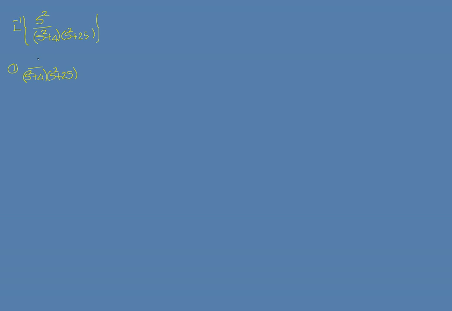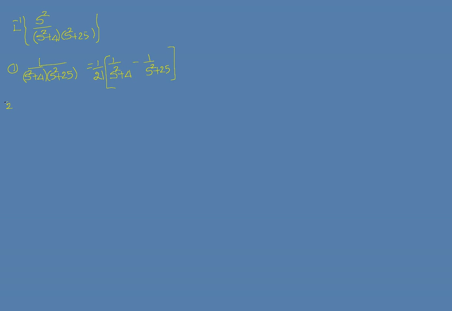Now we will consider the 1 by s square plus 4 into 1 by s square plus 25. So this you can write as 1 by s square plus 4 minus 1 by s square plus 25. If you do like this, the numerator will be left with 21. So to compensate 21, you divide with 21. You will get like this. Okay.